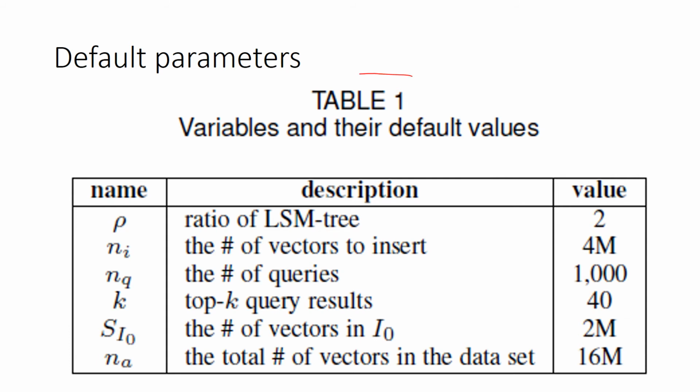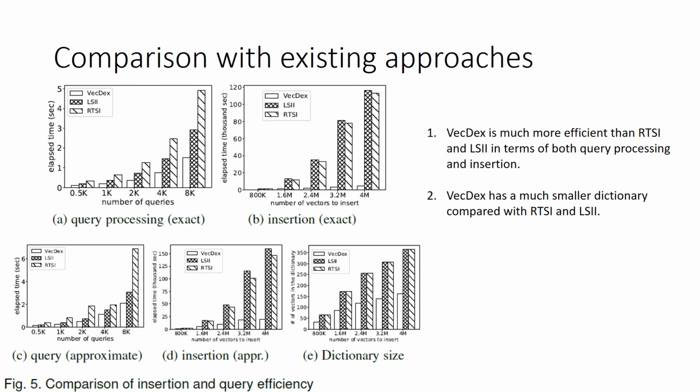This table shows the default parameters of the experiments, and more details are presented in our accepted papers as well. The first comparison is against the existing approaches, including LSII and RTSI. These vectors are our proposed techniques.